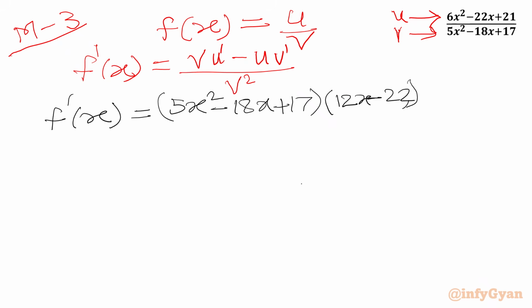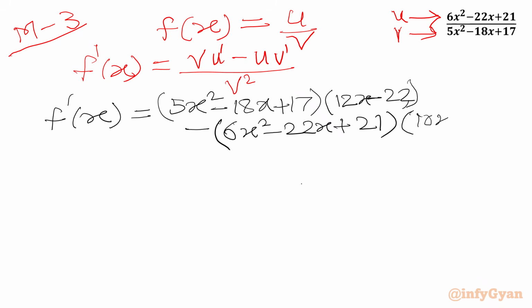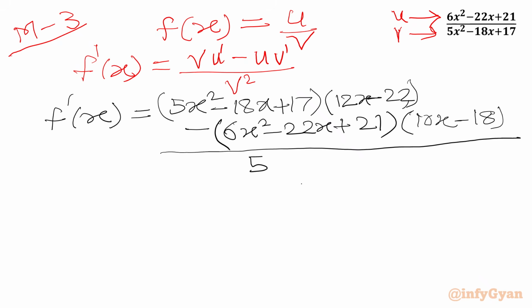Then we will put a minus sign, u times, so I need to write u, 6x square minus 22x plus 21. Now we have to find the derivative of the denominator, which will be equal to 10x minus 18, divided by the denominator squared. So I will write (5x square minus 18x plus 17) whole square.